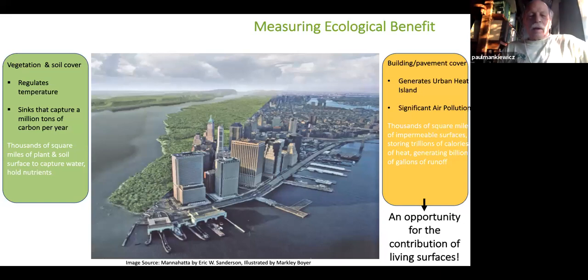So Eric Sanderson's beautiful work, you can see here that basically on the right side is what we've built. On the left side, of course, is what was here when Henry Hudson came this way. And if it's 300 square miles of green space, about a fifth of that, 70 square miles, would have been marsh. And I believe Eric talked about some of that last time.